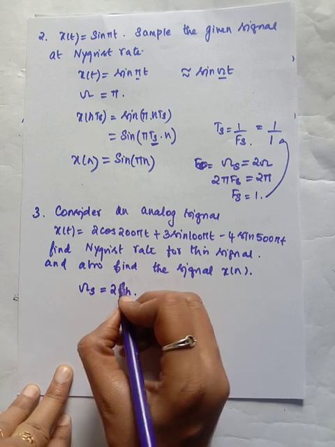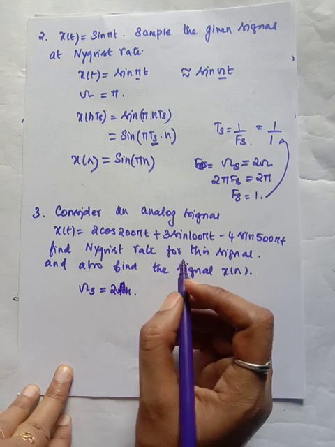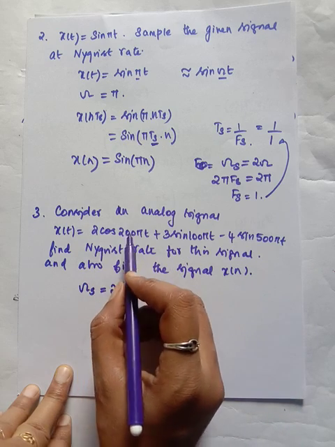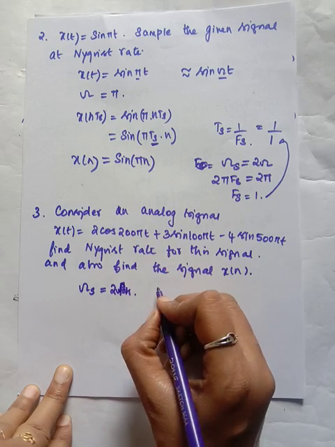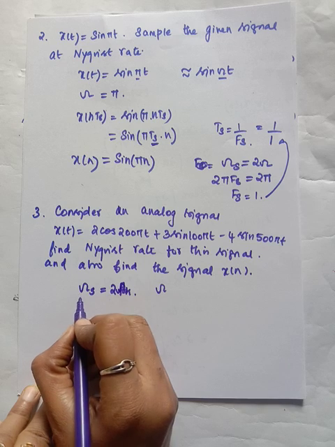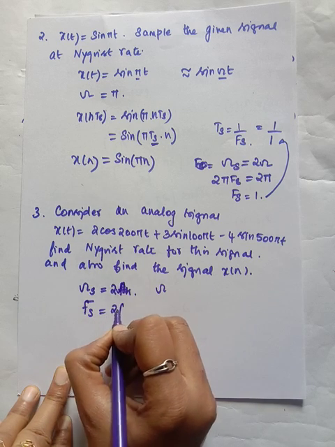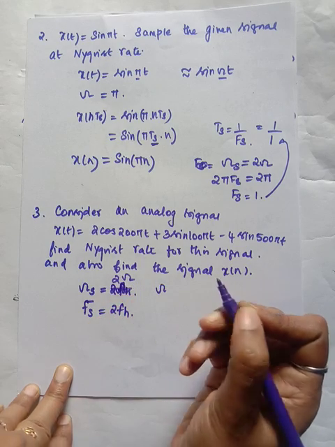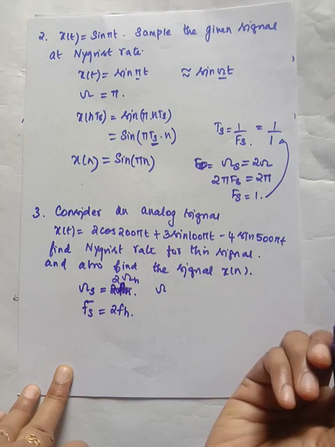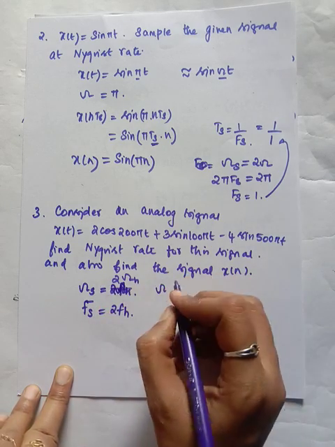We have three different signals, so we need to find three different angular frequencies. You can write this in terms of frequency or angular component omega; either way is fine.